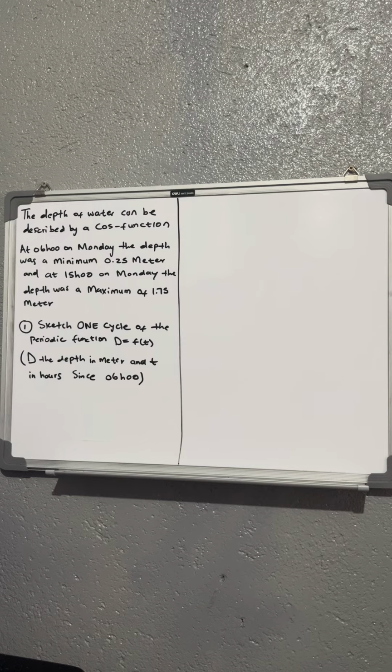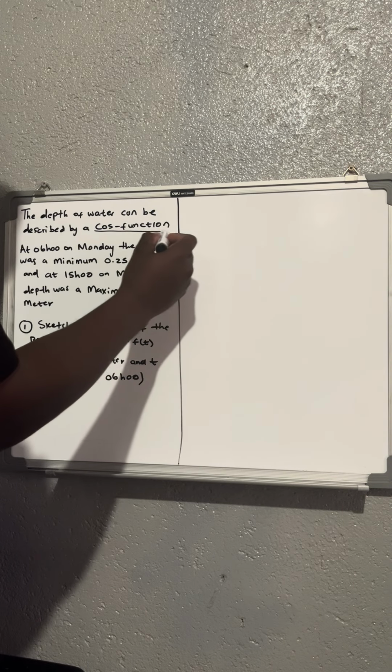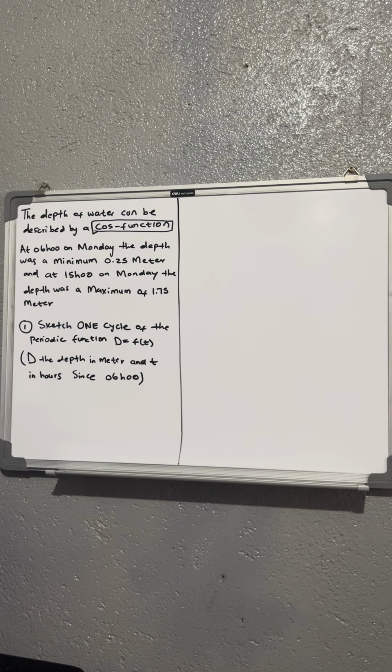So they've already given us in this one that it's going to be a cos function, so you're not going to be stressed about that. You already know that it's a cos function. We just have to make sure that we calculate the other stuff and pay attention to whatever they're saying.